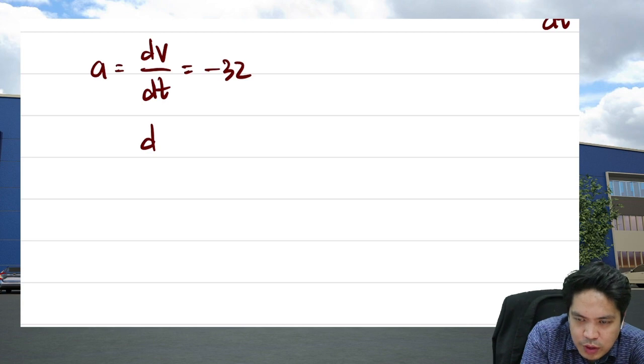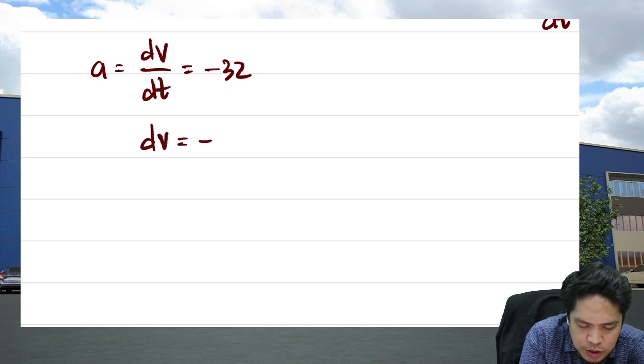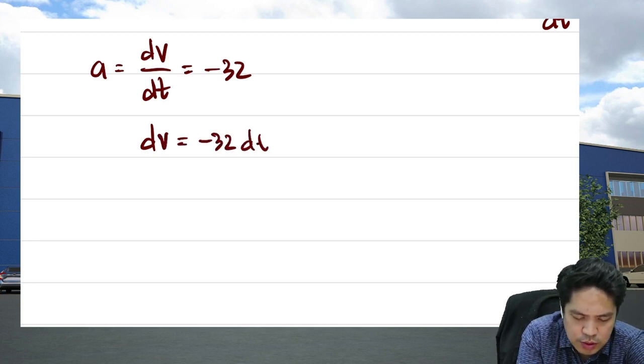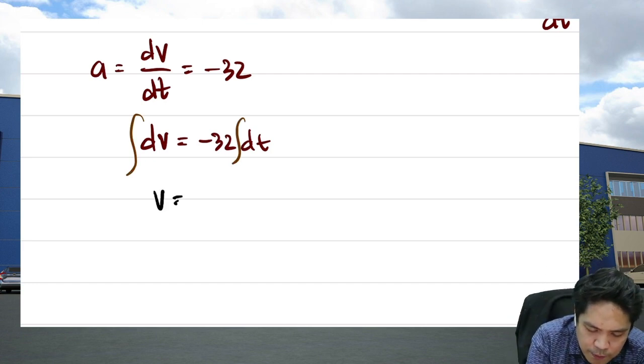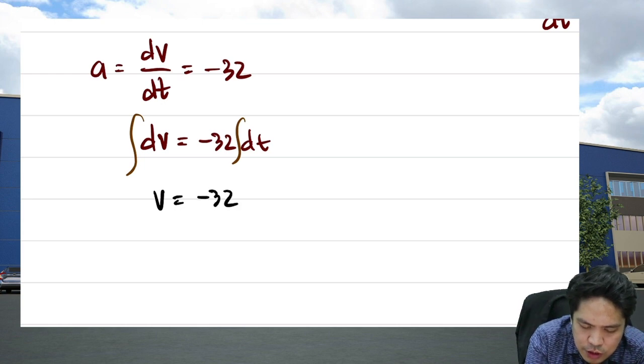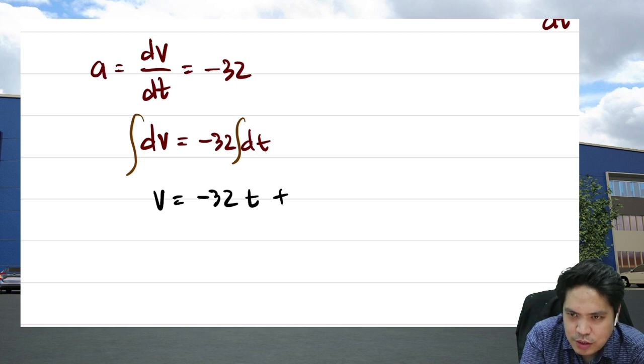If I rewrite this as dv is equal to negative 32 dt, I take the integral of both sides, then v is equal to negative 32 times t plus the constant of integration, c1.